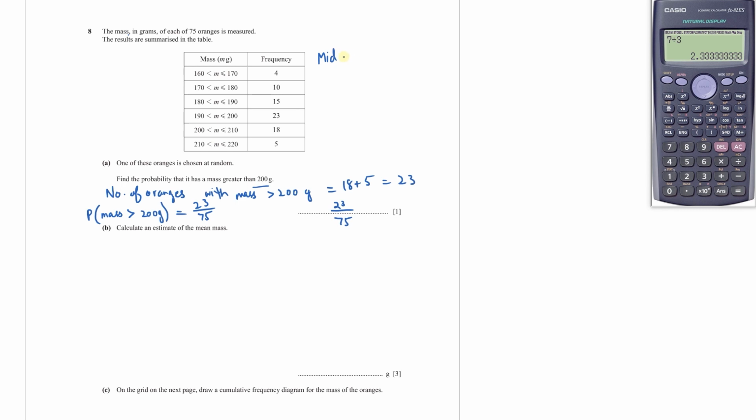So let me write down the mid values and let's call those x. So the mid value here will be 165. This will be 175, 185, 195, 205, and 215.